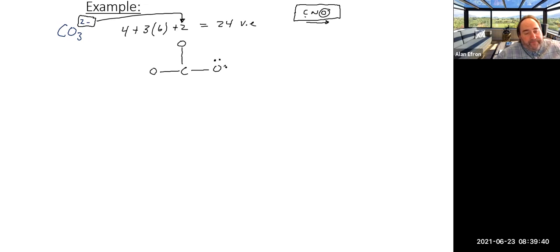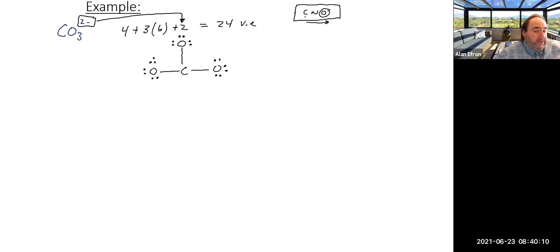So 2, 4, 6, 8, 10, 12, 14, 16, and 18 in this case. At this point, we have now placed, I believe, all 24 electrons on our picture.